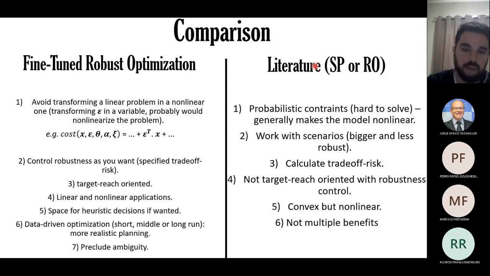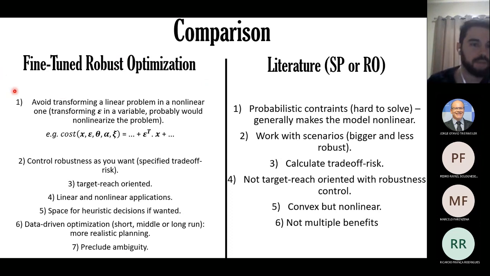And number 6 is that you don't have multiple benefits by using these methods. If we look at these 6 points, I consider that the most critical ones are the first and the second. It's really critical here because it's not easy to solve, okay?